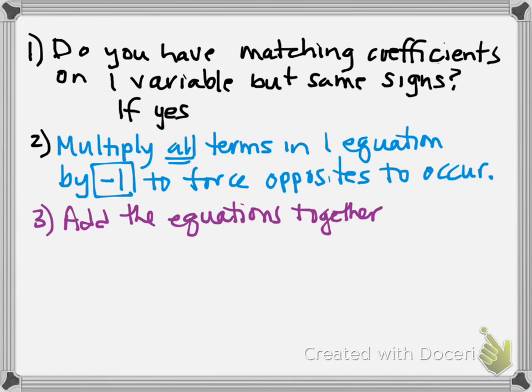So I'm not going to write them all down because we've already written them down. You're going to add the equations together. It will eliminate the variable that has the opposites on the coefficient. You'll solve for the remaining variable. You'll take that value, substitute it into either original equation, solve for the other variable that we had originally eliminated, and write the answer as an ordered pair. We already have that written down from yesterday.